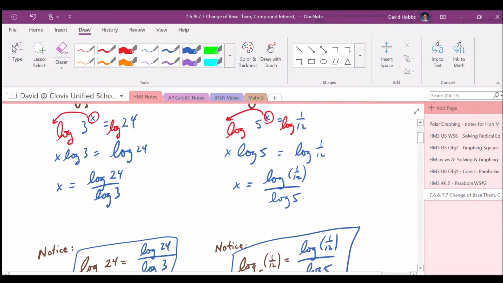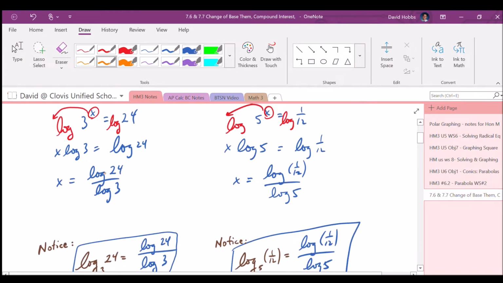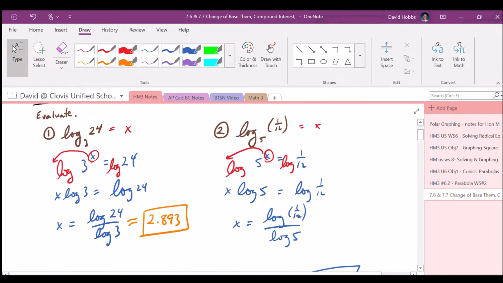So log 24 base 3, if you enter log 24 base 10 divided by log 3 base 10 into your scientific calculator and round it to 3 decimal place accuracy, this would be 2.893 approximately. And if you remember, I said that log 24 base 3 was going to be between 2 and 3, a little bit closer to 3.